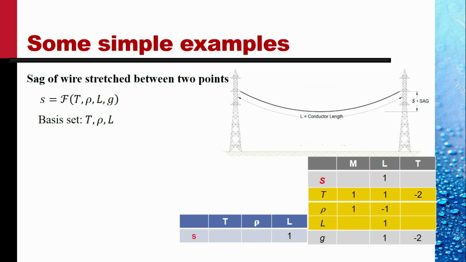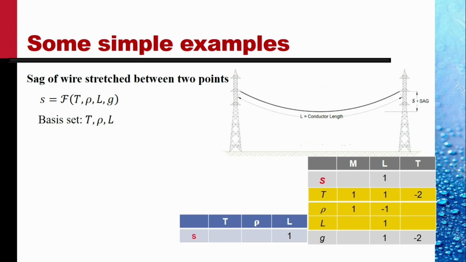So if we write S as T raised to power alpha, rho raised to power beta, L raised to power gamma, the value of gamma would be 1 and alpha and beta would be 0. So S has the same dimension as L. So S by L is dimensionless.